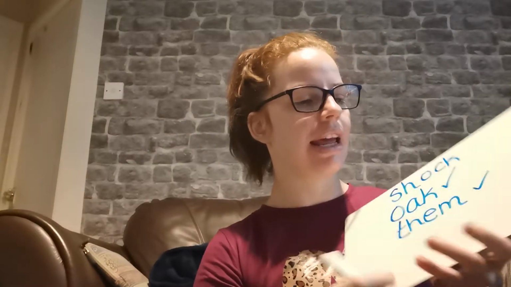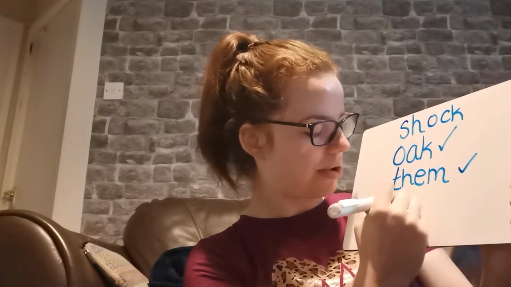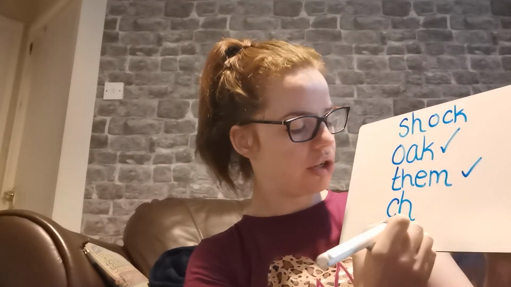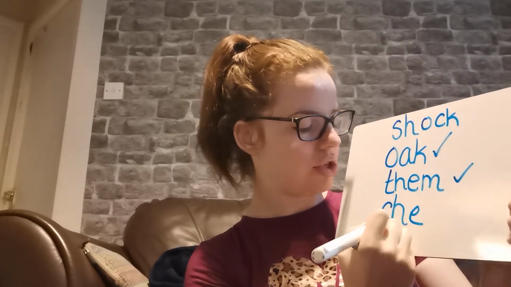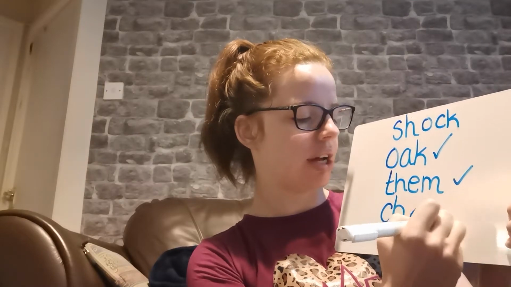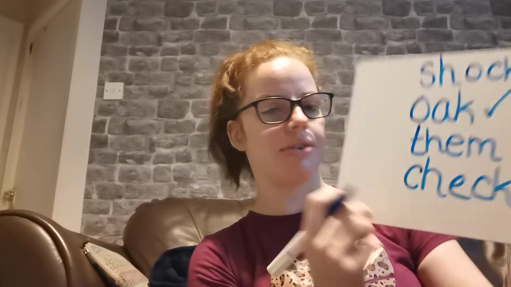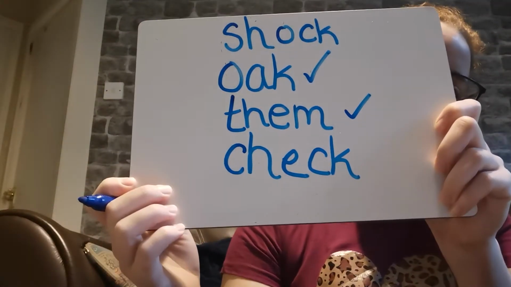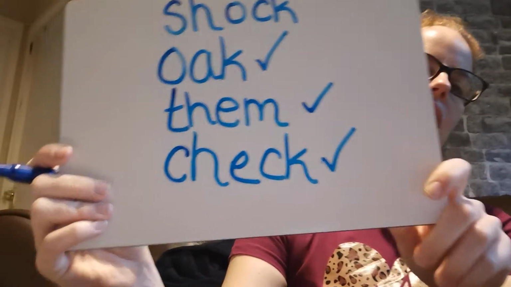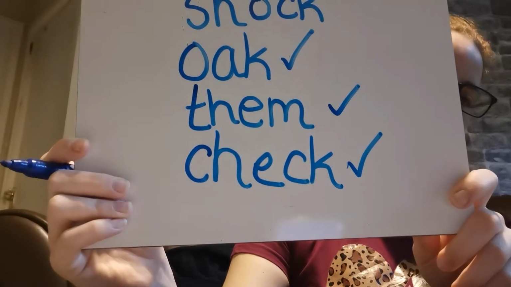We have ch, k. So when we write it, we have our ch sound, and then our k is our double k sound. So it should look like that. If you got that right, give yourself a tick. If you got it wrong, please correct it.